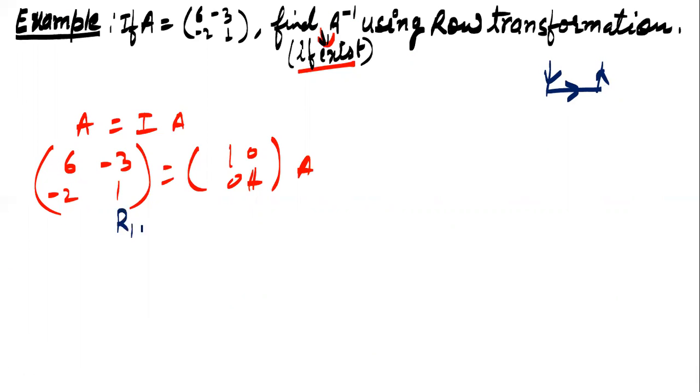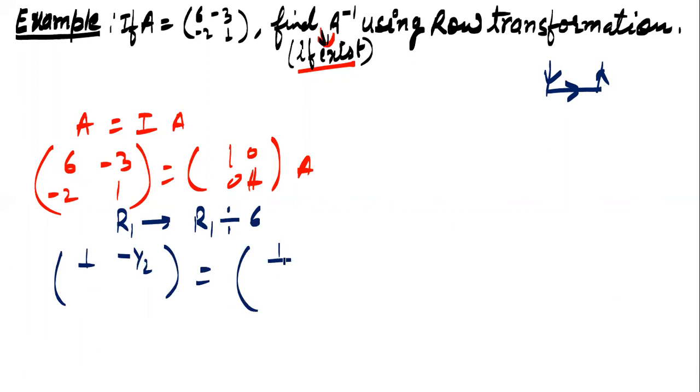So I can write R1 arrow R1 divided by 6. That is 1 minus 1 by 2, 1 by 6, 0. This will remain as it is.